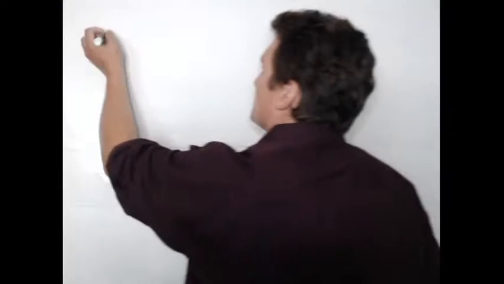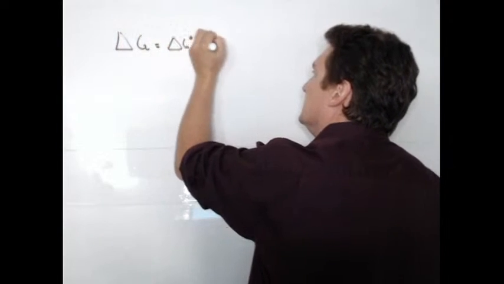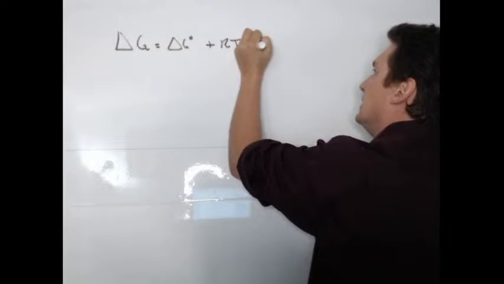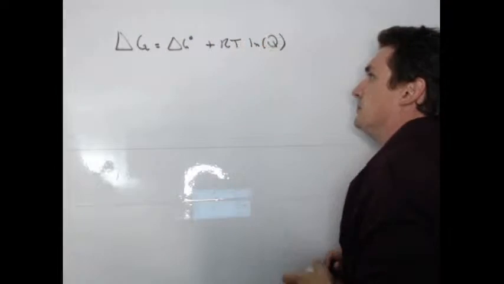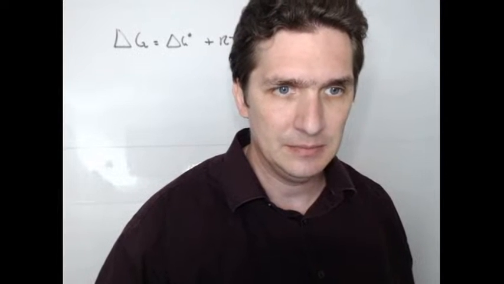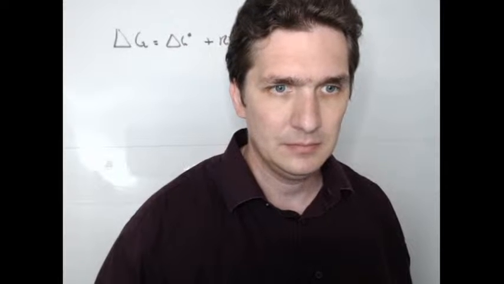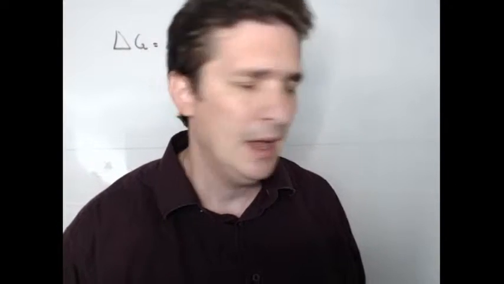Off the bat, all these problems are going to start with delta G equals delta G naught plus RT ln of Q. I'm going to try to find the problem in the slides, but this is looking like a thermo problem. Nope, equilibrium.